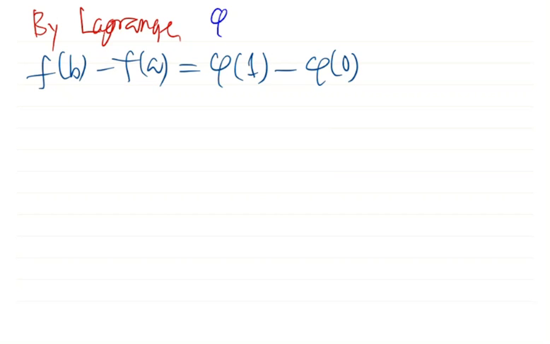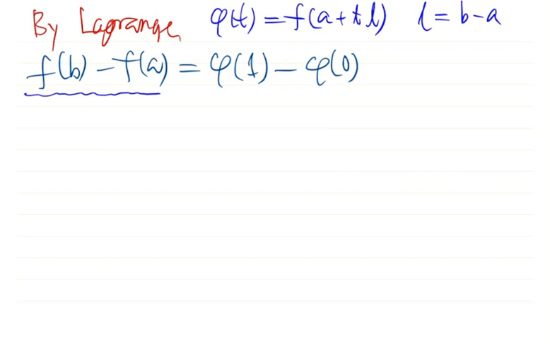Remember, our phi of t is f of a plus tL, and L is b minus a. Therefore, it is easy to see that f(b) minus f(a) is exactly phi of 1 minus phi of 0. So the multivariable function problem is converted into a problem about the single variable function phi. Now we apply the Lagrange mean value theorem to this phi.